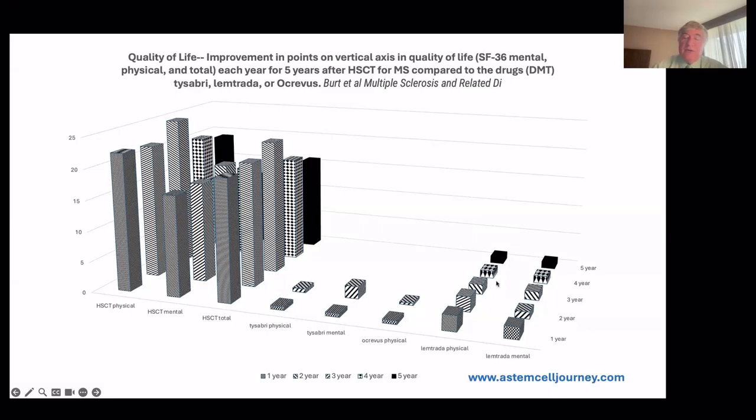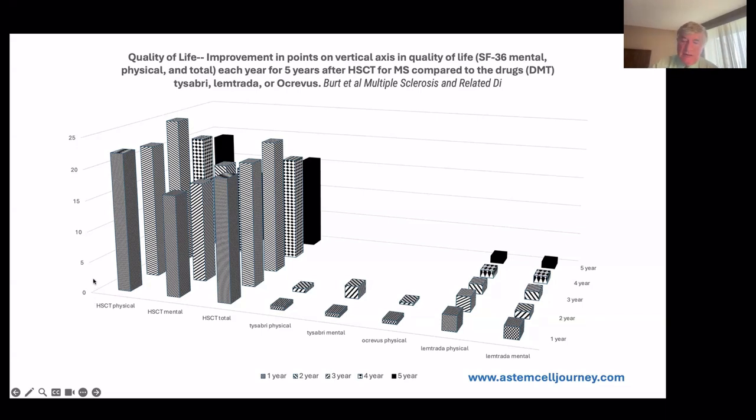Here's the Lemtrada report of quality of life out to 5 years. These are our quality of life results from transplant. Look at the difference. Now, the mild to moderately effective drugs do not improve quality of life. Neurologists will say the highly effective ones like Tysabri, Ocrevus, Campath or Lemtrada improve quality of life, and they can show the paper, and that's true, but that's misleading because the improvement of quality of life is like 2.